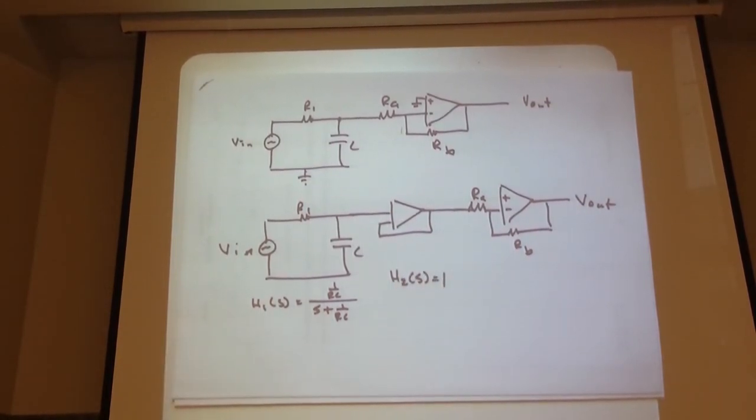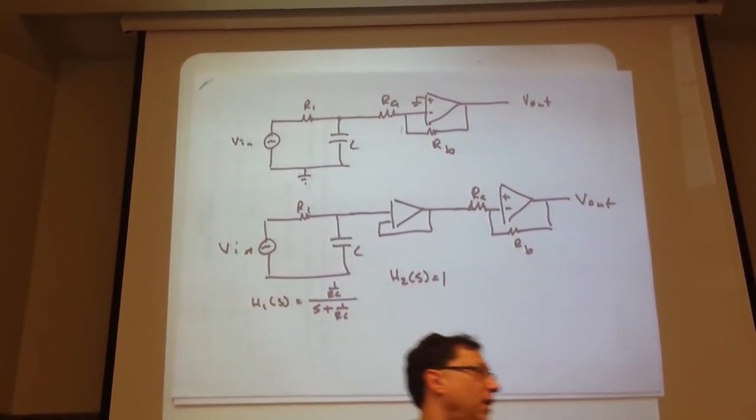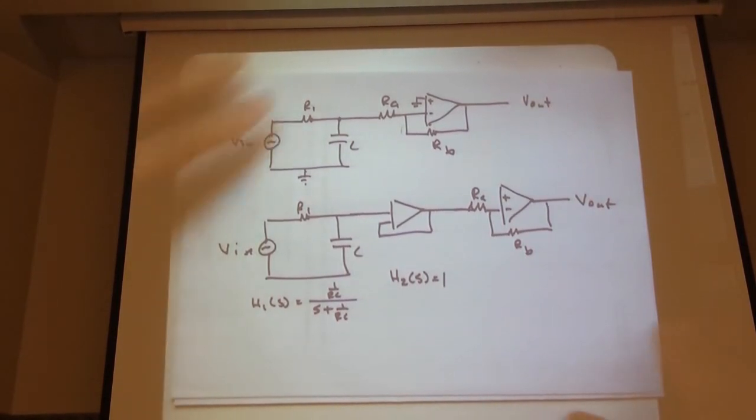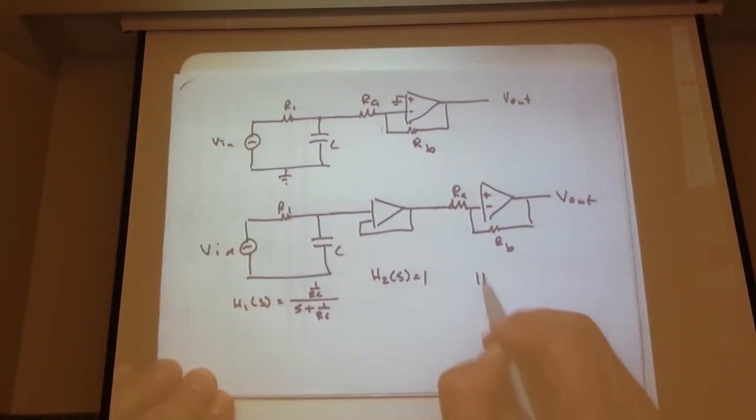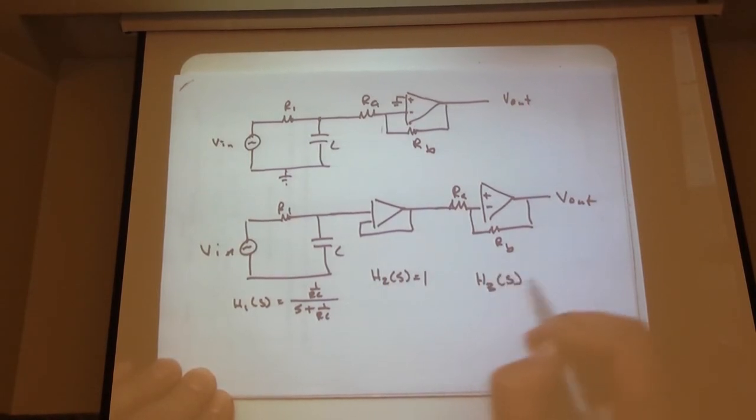It's still a stage. It still has important circuit properties. When we talk about ideal amplifiers, we can ignore it. But in reality, a voltage follower will have an impact on the circuit, but it's still a useful tool.